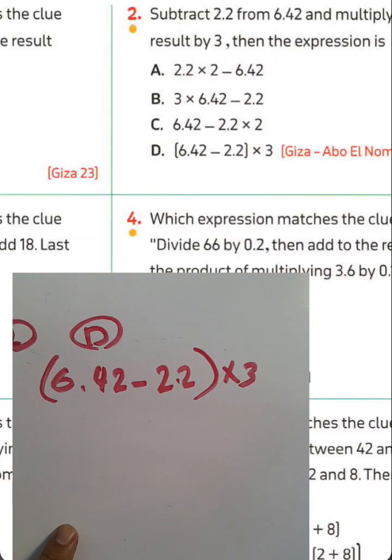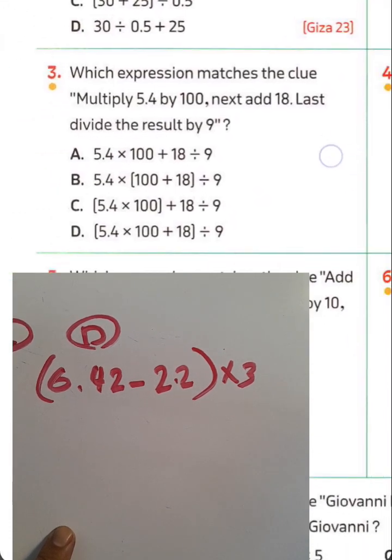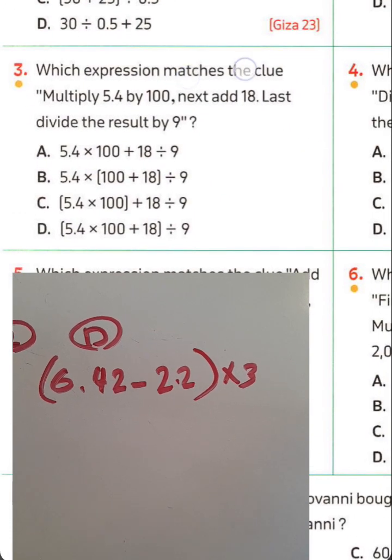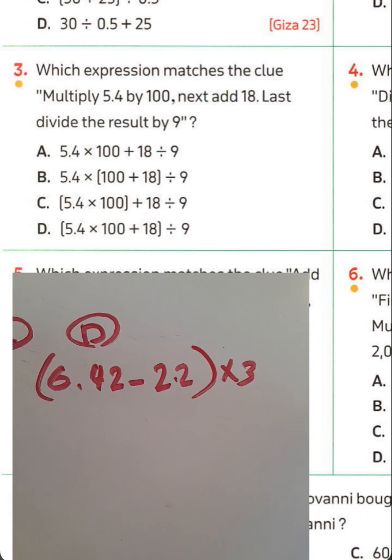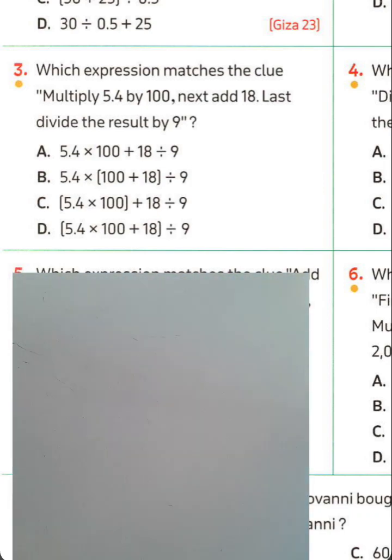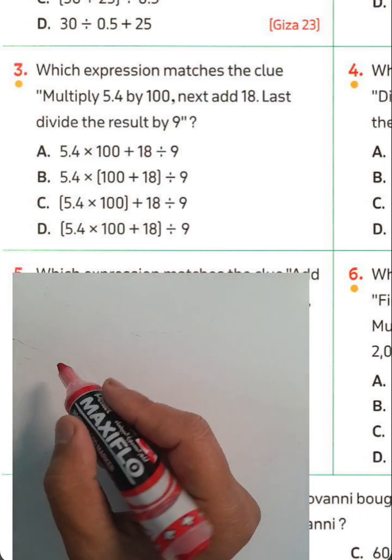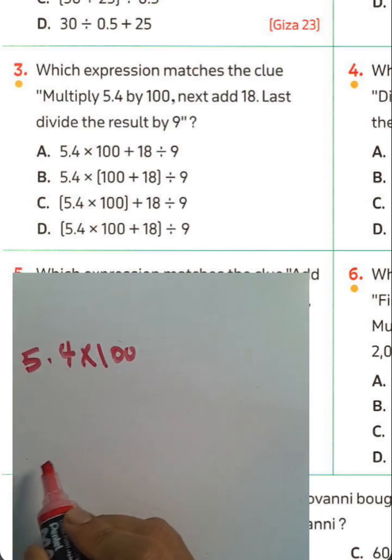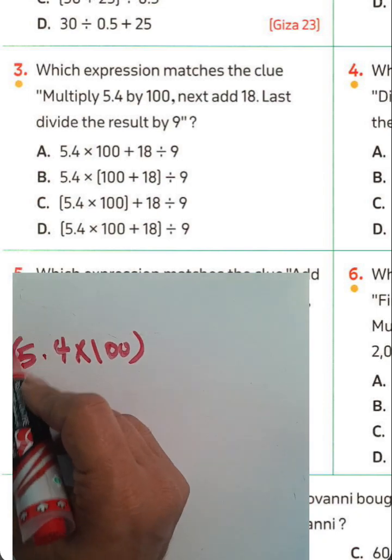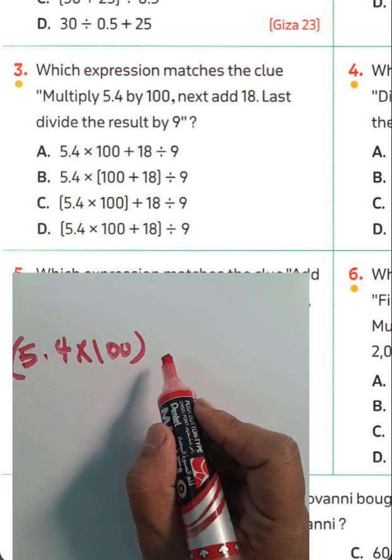Question number 3. Which expression matches the clue? Multiply 5.4 by 100, next add 18, last divide the result by 9. So we can write 5.4 multiplied by 100, next add 18.